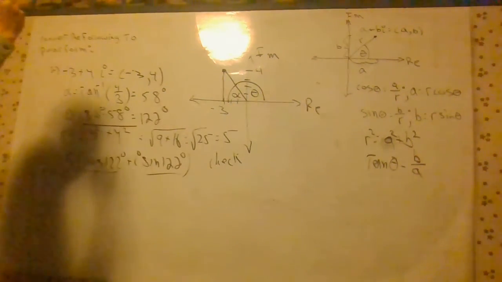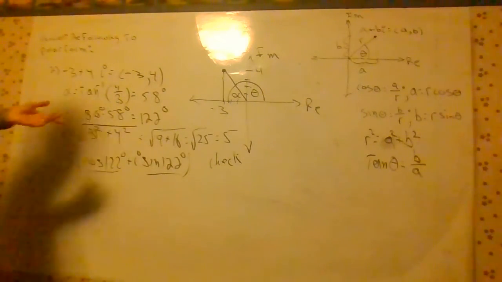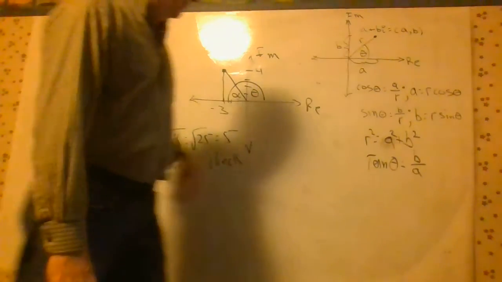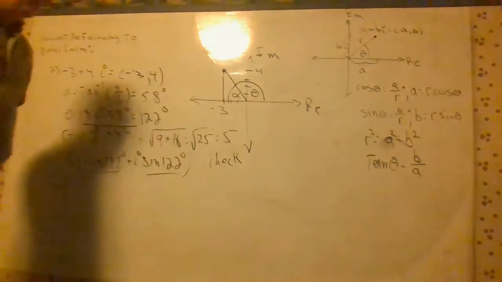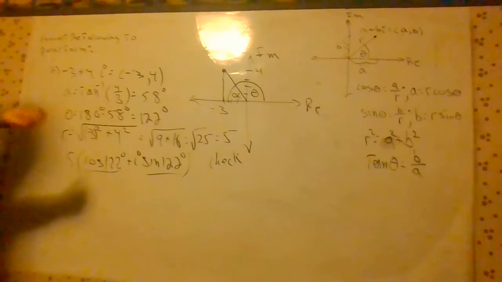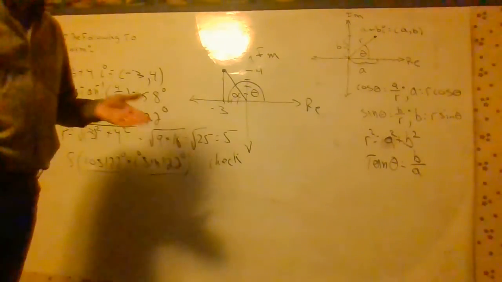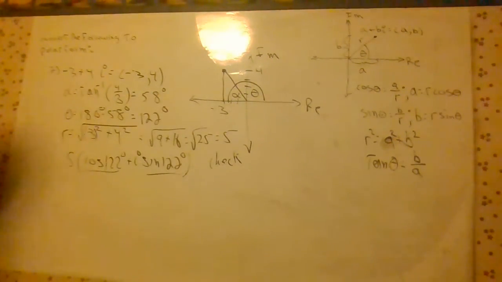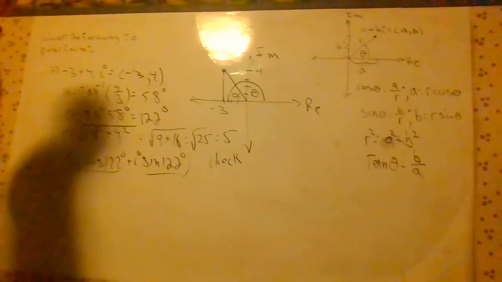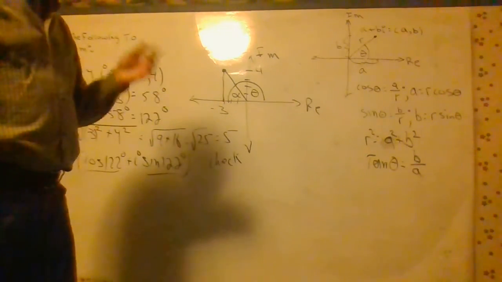We're just familiarizing yourself with this. Polar coordinates in its own right is pretty important. Imaginary numbers are important. Polar coordinates, you'll see polar coordinates in Calculus 2. You'll see polar coordinates in Calculus 3. Possibly in differential equations. Definitely if you take a course called Engineering Dynamics or Tech Dynamics, you see polar coordinates.